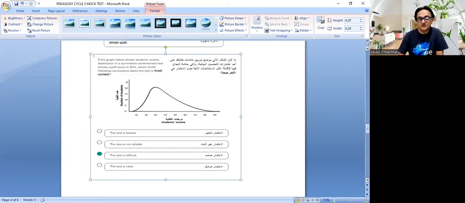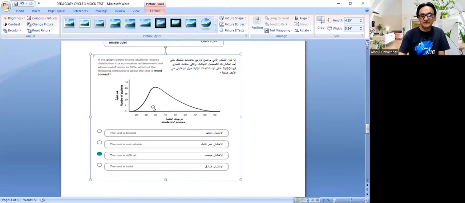This graph shows two things, the number of students and the students' score. It doesn't show the test reliability. It doesn't show the test is biased. It doesn't show whether the test is valid or not, because there's no test specification that you can identify these components to make a judgment about.